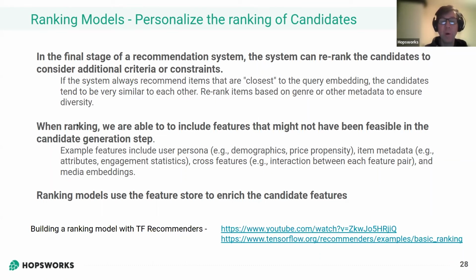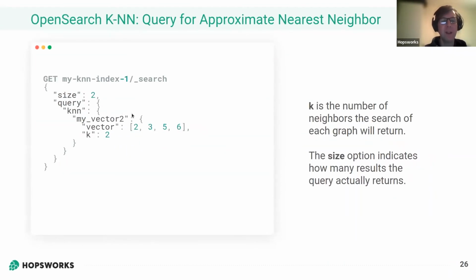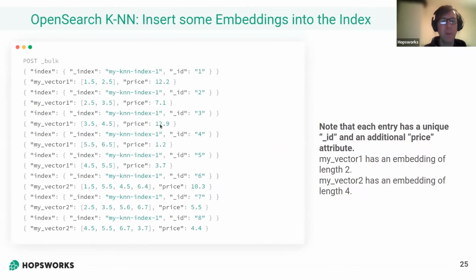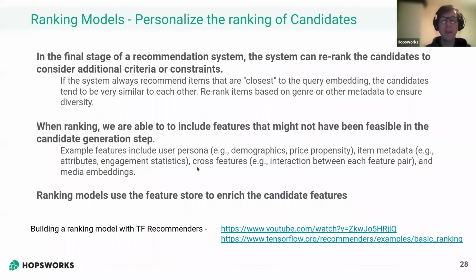You need to decide what features to include in this model, because if we look back at the previous example, when we return the value, we only get back the ID of the particular embedding, the values for the embedding, and then the price attribute. With that ID that we get back, that ID should map to, for example, a user or an item I'm looking for.